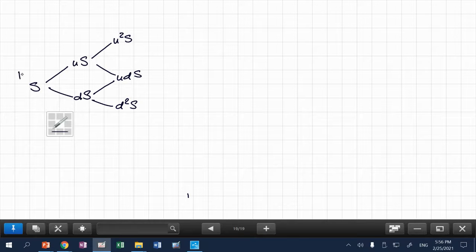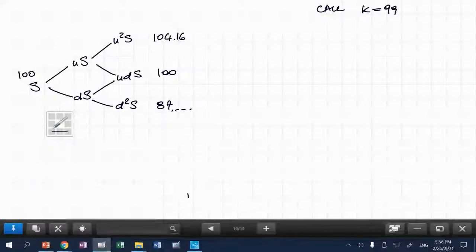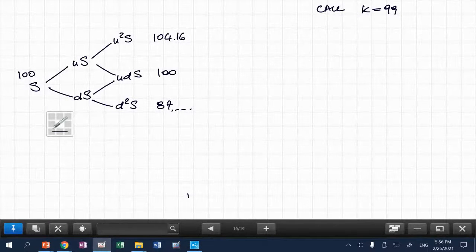Example, just to put numbers in it for a second, imagine I start from 100 and given a certain U and D, I can end up saying the price here is 104.16, here is 100, and here is 87 something, okay? Then imagine you want to price a call option, strike 99, okay? How can you do it after you add your assumption on the tree?